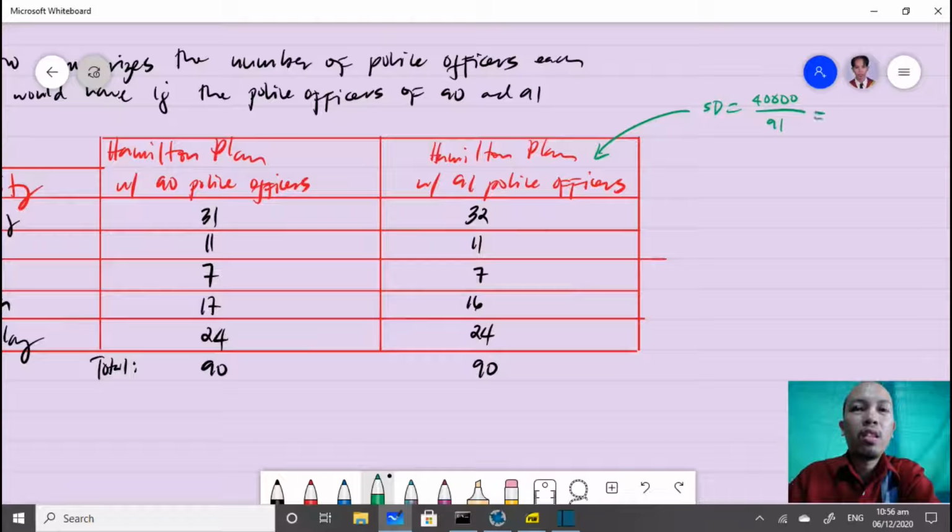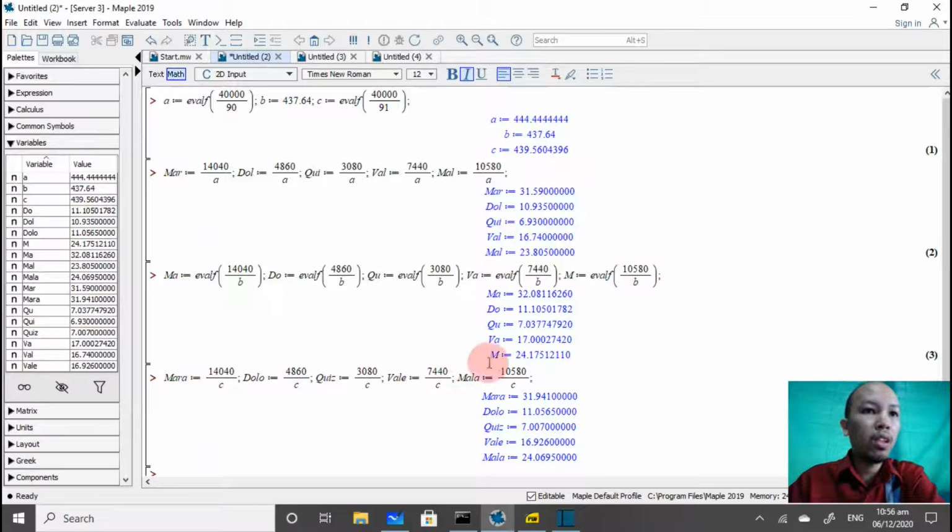Let's calculate: 40,000 divided by 91, so the value is 439.56. Get the quotient, and then if possible you have to add something. This is the computation.